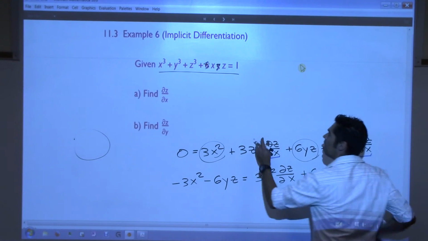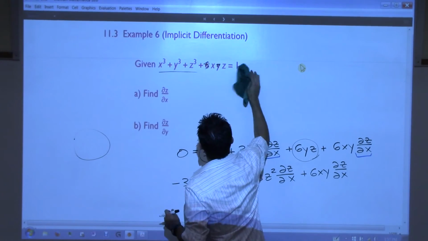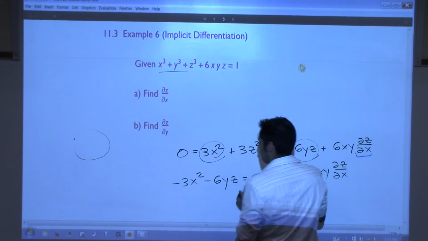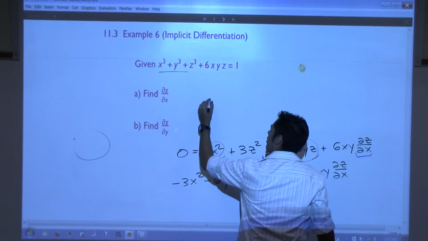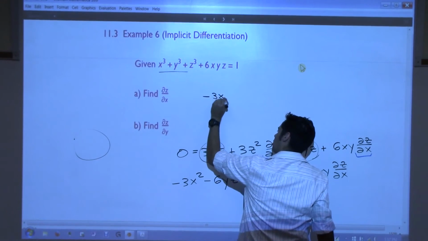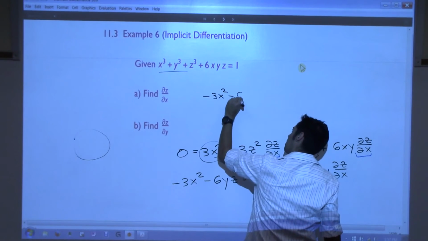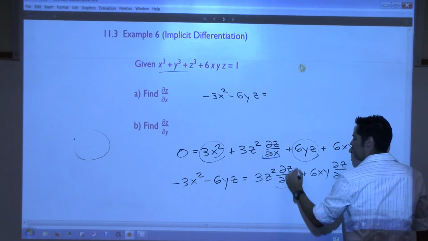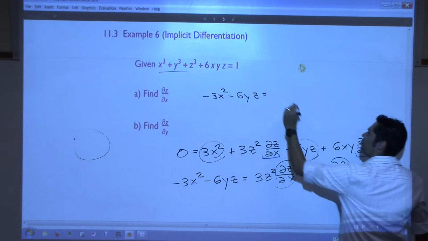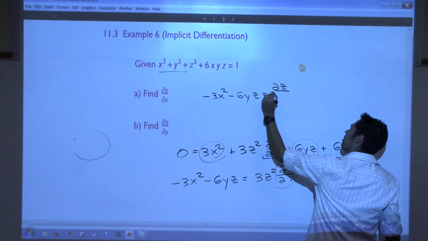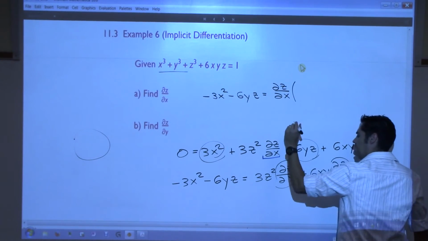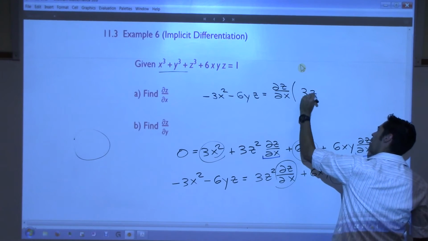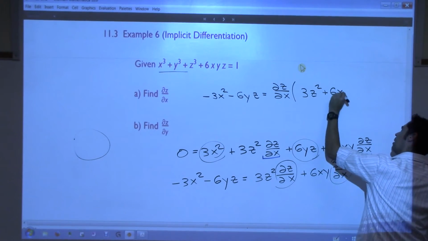So we have, left side is negative 3x squared minus 6yz equals, when I factor this out, I guess I'll put it in the front, doesn't matter, partial z with respect to x, and then I have 3z squared plus 6xy.